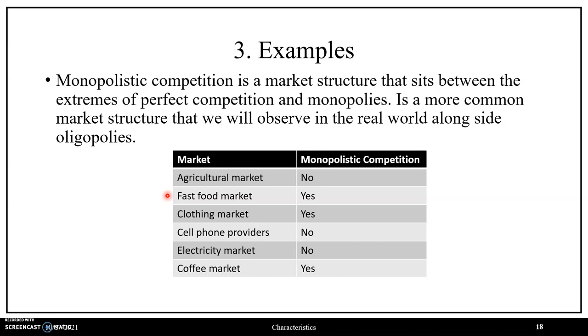So we would expect the fast food market to be monopolistically competitive, as we mentioned with the case of the chicken sandwich with Chick-fil-A, McDonald's, Burger King, and all other fast food chains that offer a similar product.